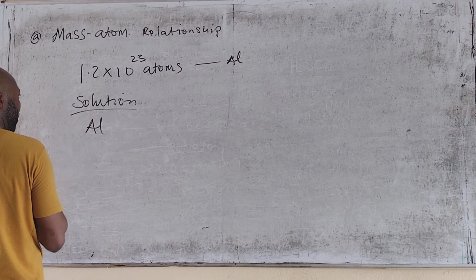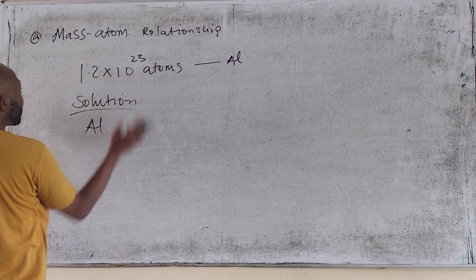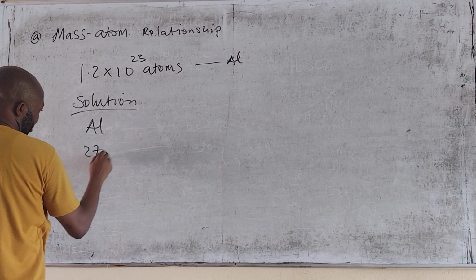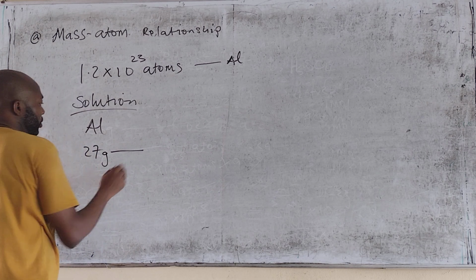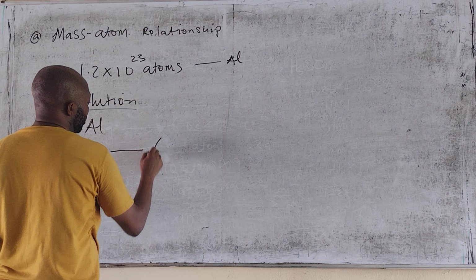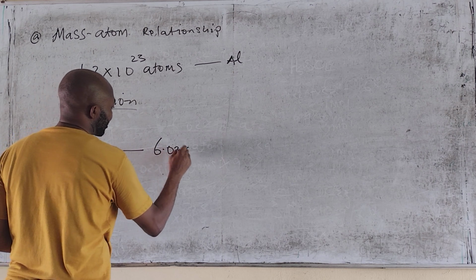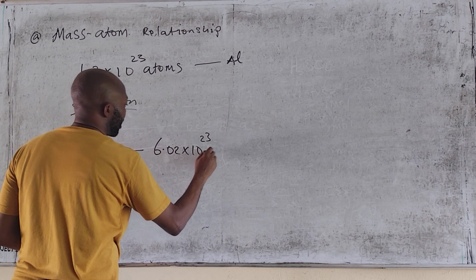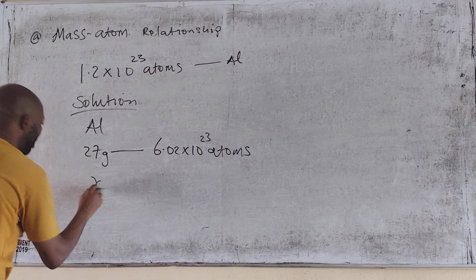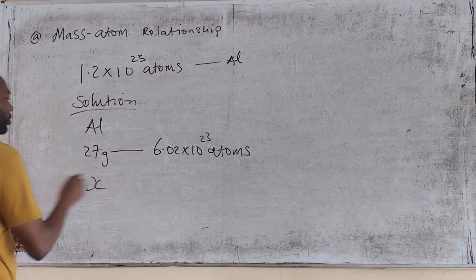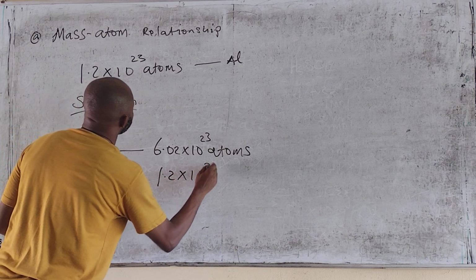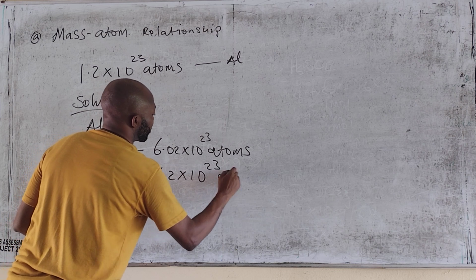Aluminium, the relative atomic mass of aluminium is 27 grams, and that is equivalent to 6.02 times 10 raised to the power 23 atoms. Now, how many grams, we don't know, unknown, will give us 1.2 times 10 raised to the power 23 atoms?